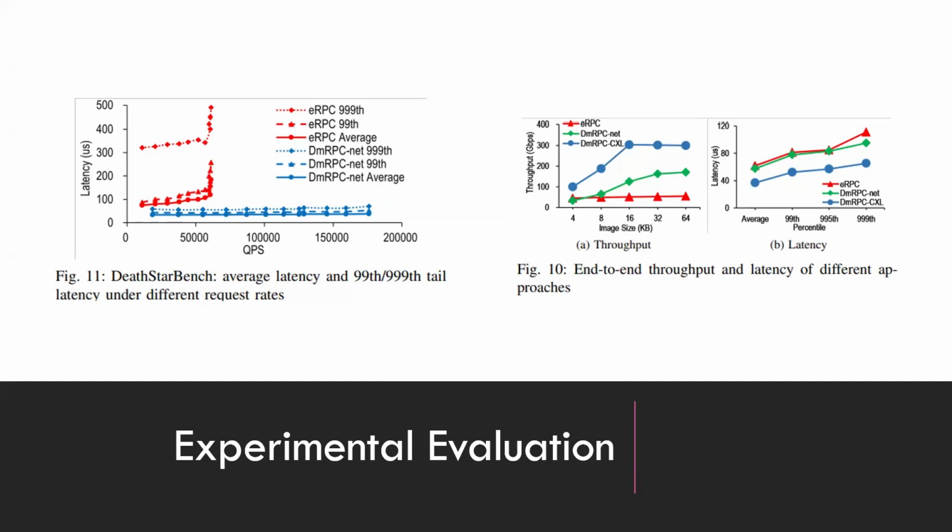Yeah, and the last test was end-to-end throughput and latency on different approaches. So it says a throughput comparison of different approaches that they had. They increase the image size, and both DmRPC and DmRPC CXL can significantly increase the throughput, but not so bad on latency.